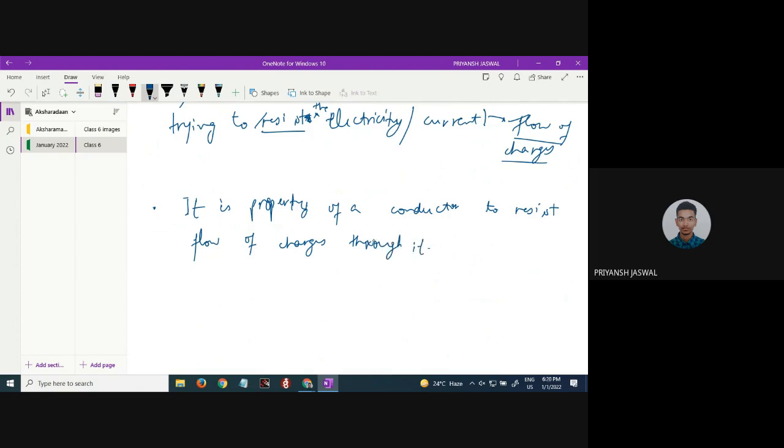You can simply think of it as matter having a property that it will have some mass. Similarly, a conductor has a property that it will resist the flow of charges through it. You can remember it in this way, that it is a property.